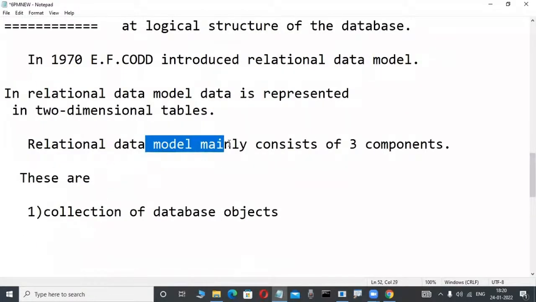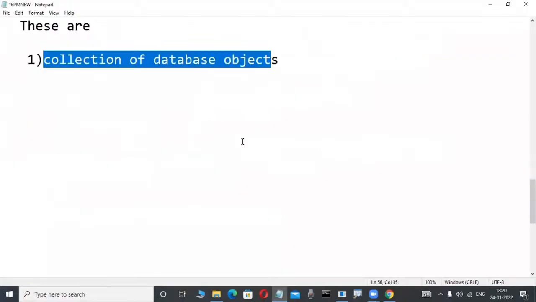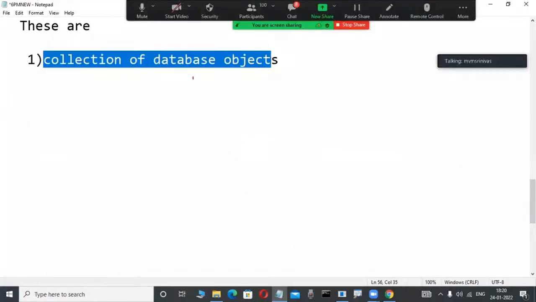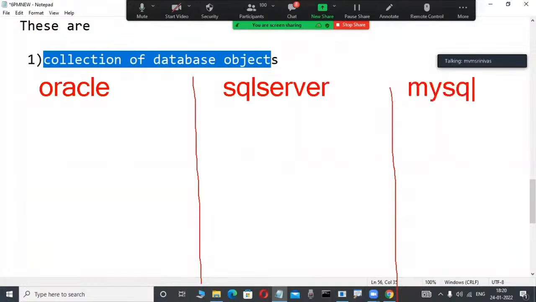Relational data model mainly consists of three components. The first one is a collection of database objects. That is easy. Even if you are a first-time newcomer, it is understandable. Suppose you are learning an Oracle course, for example. Oracle is a relational data model product. Suppose some other fellows are learning SQL Server. SQL Server is a relational data model product. Again, MySQL is a relational data model product from a different company.